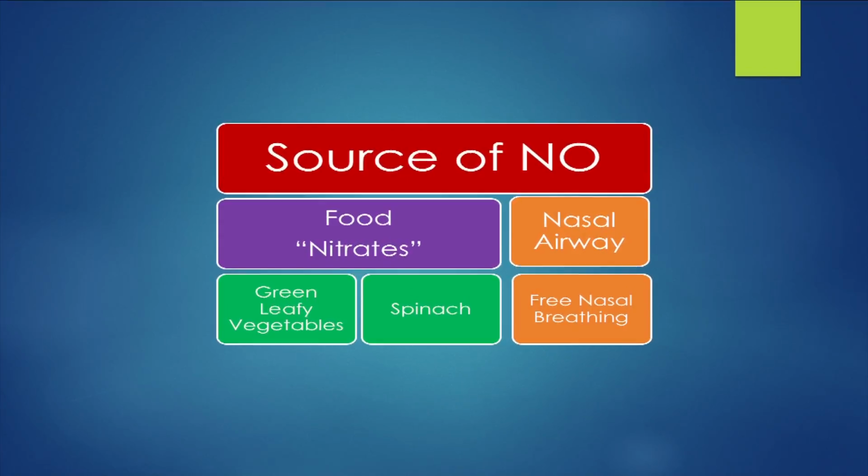Besides the nasal airway, another source of nitric oxide is in certain foods such as green leafy vegetables.